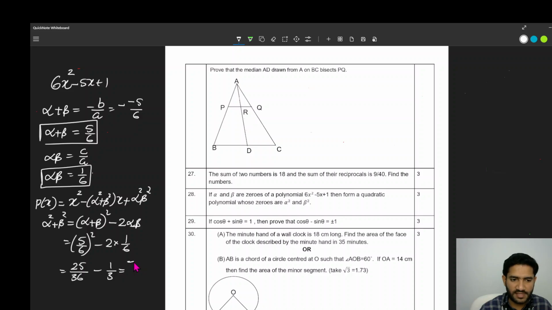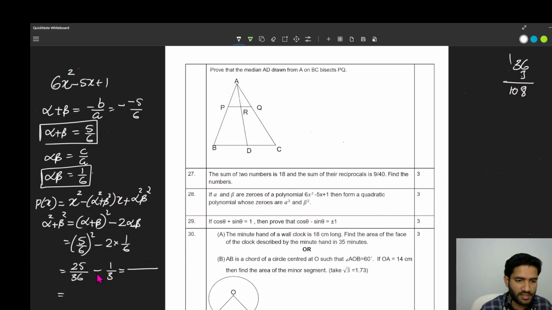3 into 25, 75, minus 36. 3 into 36, what is 3 into 36? 108. So alpha square plus beta square is equal to, or I think better we can use the LCM, then we can easily solve this one.